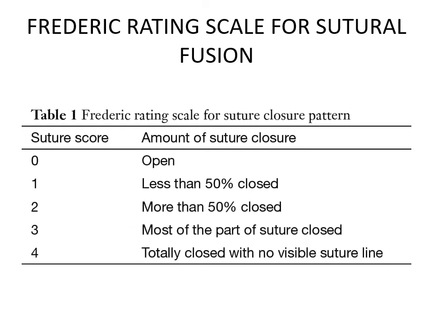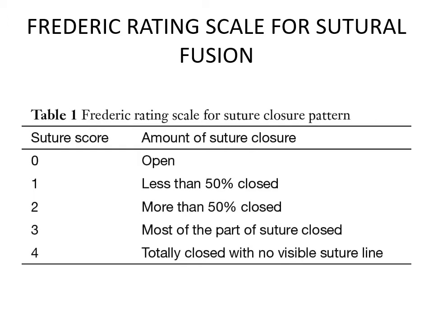Now coming into the Frederick scale for sutural fusion, usually the inner table fuses first when compared to the outer table. The fusion of the inner table is endocranial suture closure, whereas outer table closure is ectocranial suture closure. This is graded in 5 grades.